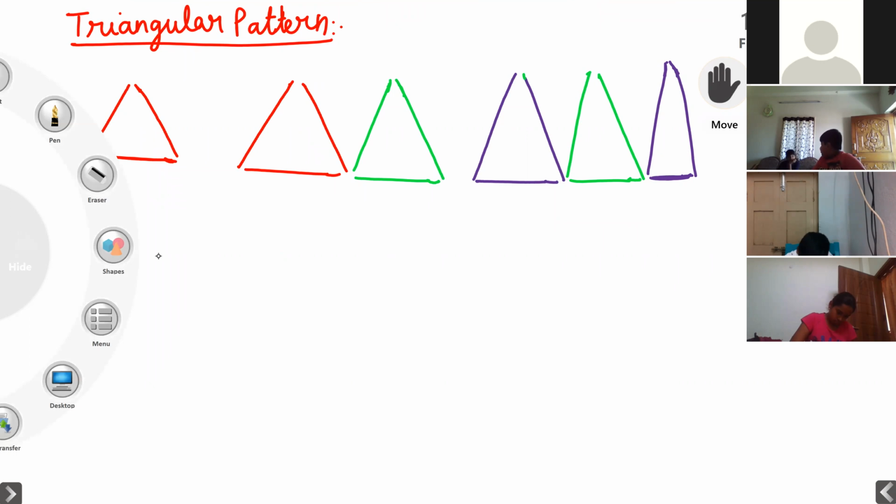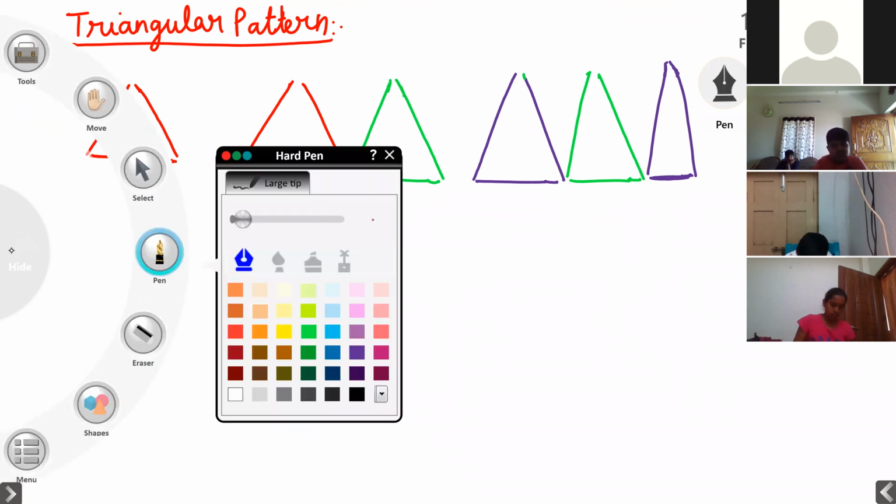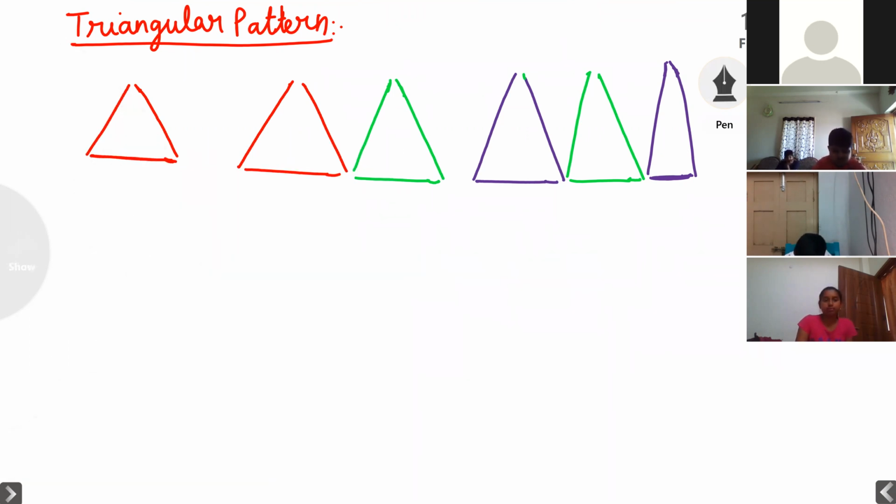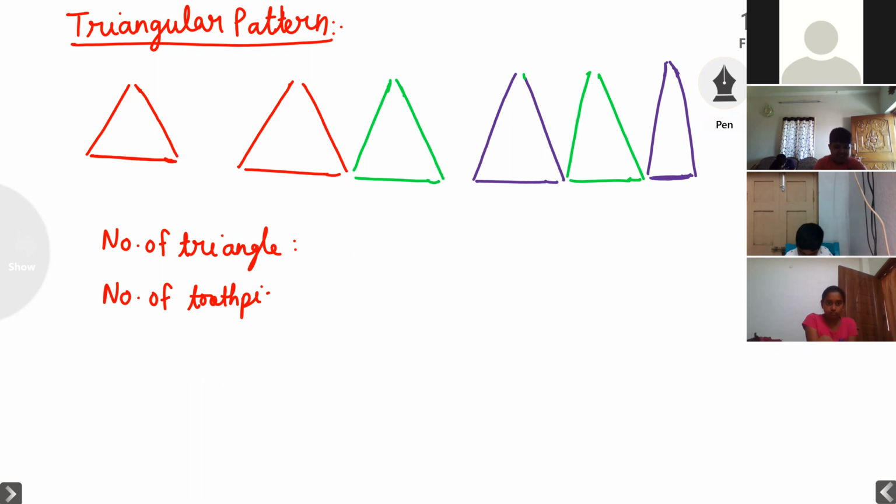Concentrate everyone here. Number of triangles, number of toothpicks required.